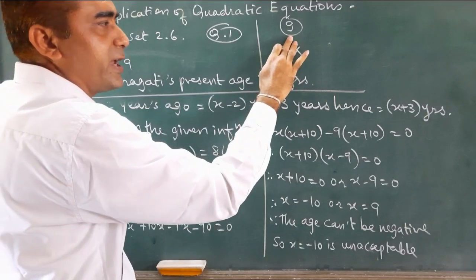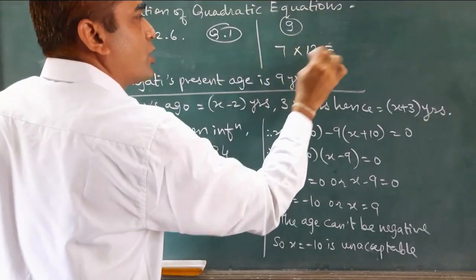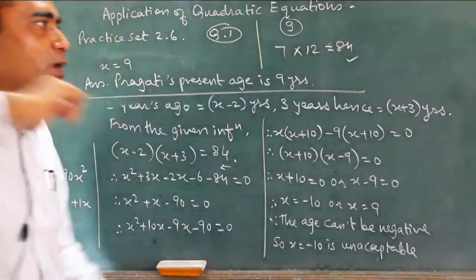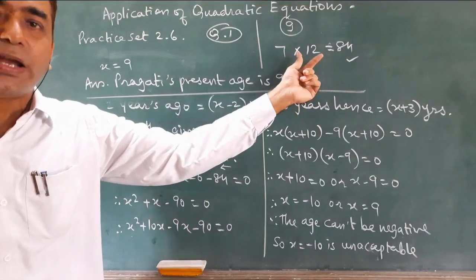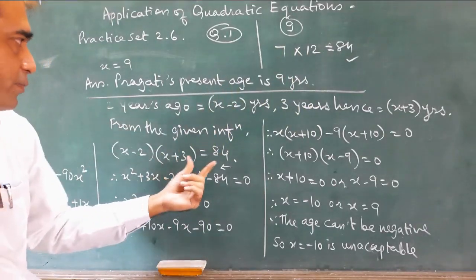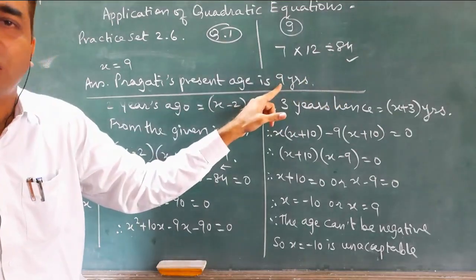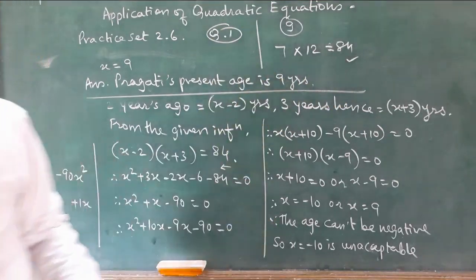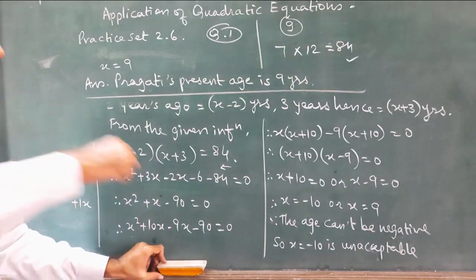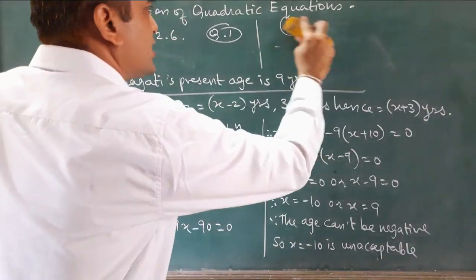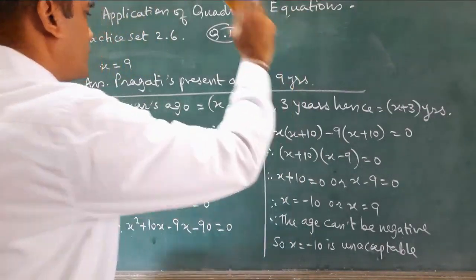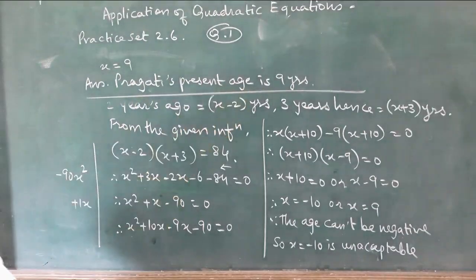After 3 years her age will be 12 years, and the product is 84. So these numbers are satisfying the given conditions that the product will be 84. Therefore our answer is right. We have verified that. So we will write this is just for verification. This is the answer.